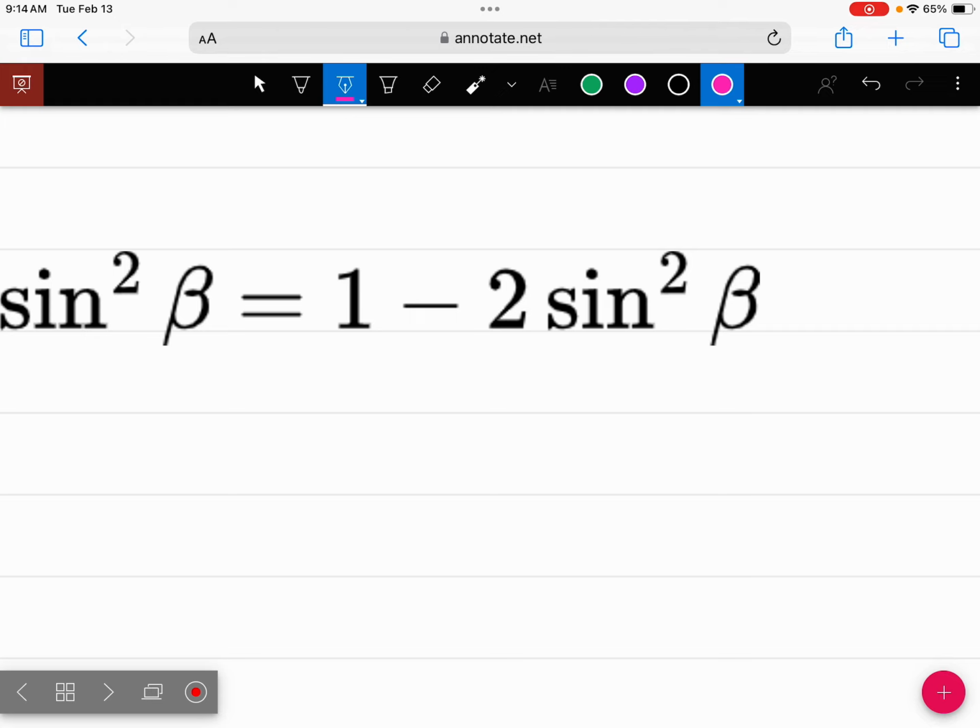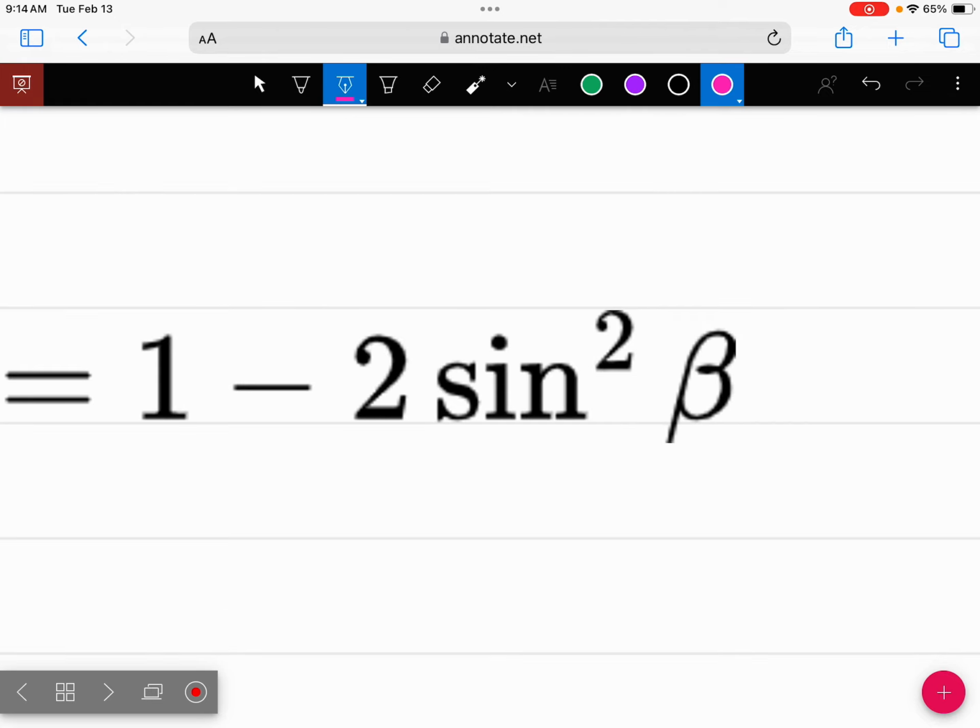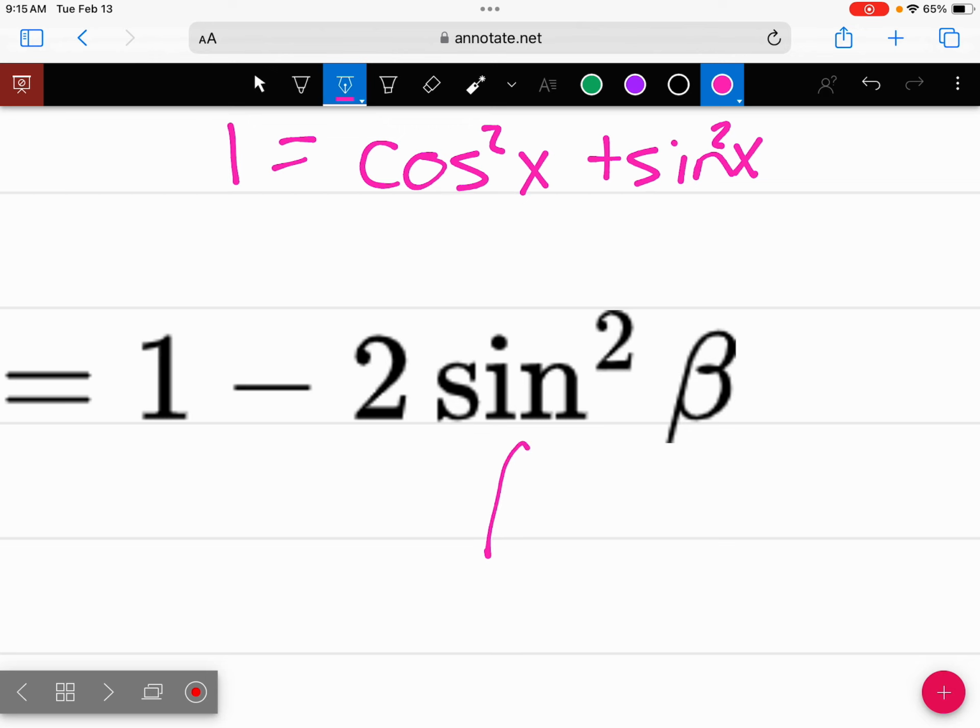So one approach to get my cosine to become a sine is to think back to that trig identity, the one we wrote down first. 1 equals cosine squared x plus sine squared x, which I entirely just wrote down backwards, but that's okay. Sine squared x plus cosine squared x equals 1. It's the normal way I write it. I have no idea why I wrote it the other way around, but I did. It was a choice. I made a choice.